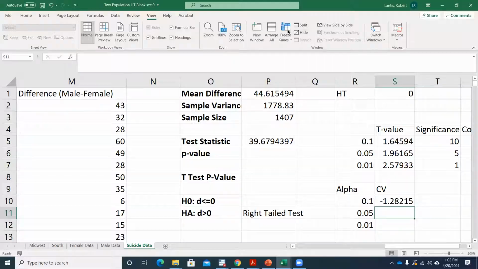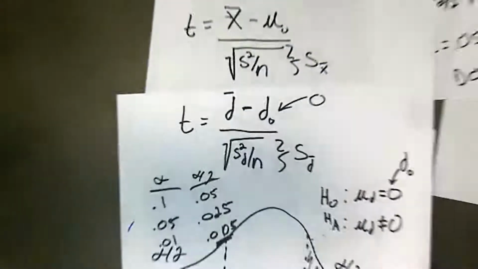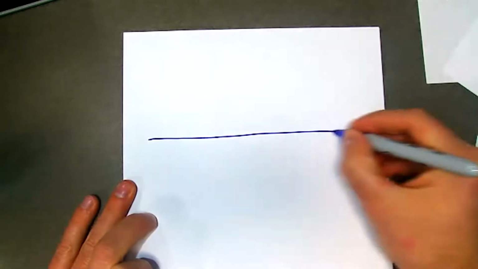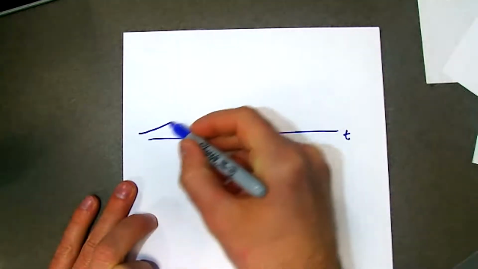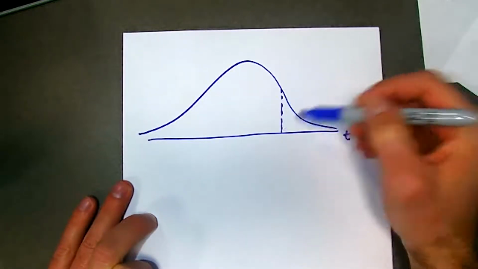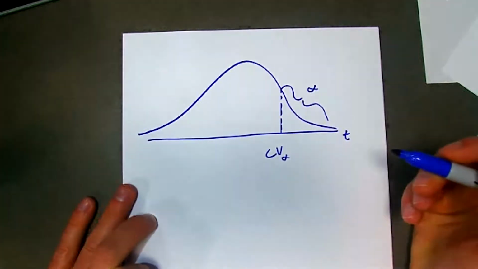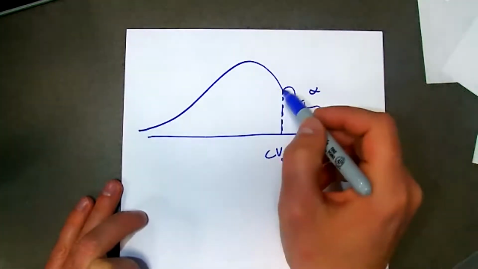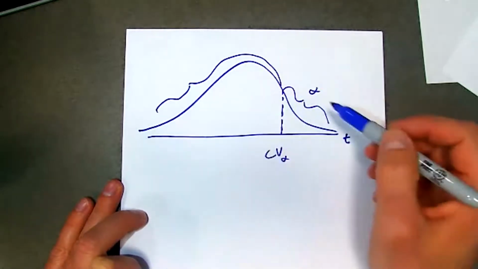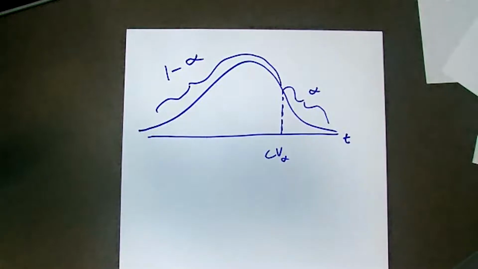So one thing I can do is I could just take the absolute value, or if I think about this visually, probably the way to do it that would line up more with the correct way of thinking about it is if I wanted alpha total in my right tail, and I'm looking for the critical value that would give that to me, I could tell Excel the area to the left, and I would know that that would be just 1 minus alpha, right?